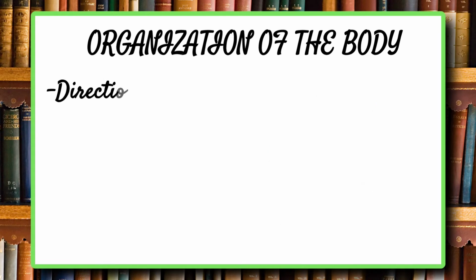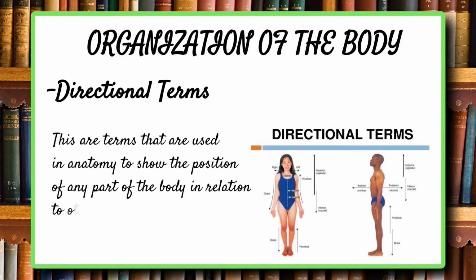So let's look at directional terms. Remember we explained directional terms as terms that are used in anatomy to show the position of any part of the body in relation to other parts of the body. We have about 10 directional terms.